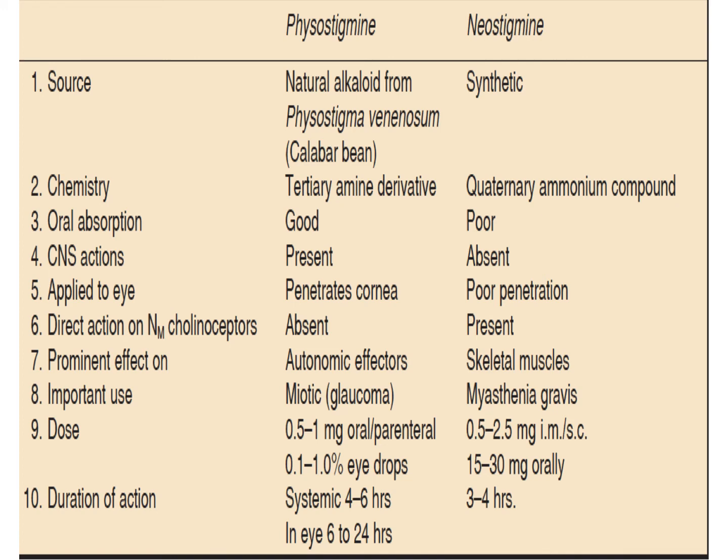And because of these actions, the important uses of these drugs are: physostigmine is preferred in cases of glaucoma, whereas neostigmine is given in cases of myasthenia gravis. And the duration of action of both is near about the same. Pilocarpine is given systemically, the action is for 4 to 6 hours, whereas neostigmine has the action for 3 to 4 hours.